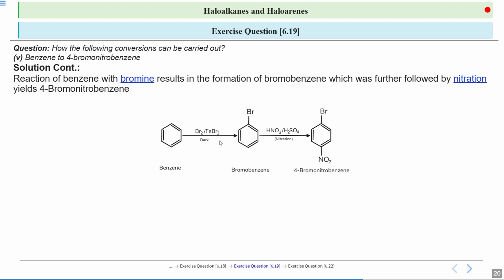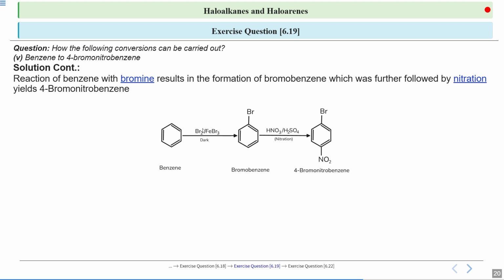Dark condition is very important because you are taking benzene. If you are using alkyl groups, then you have to provide UV light for the activation of the alkyl group and for the free radical mechanism. But here in the benzene ring, you have to perform this reaction in the dark condition.